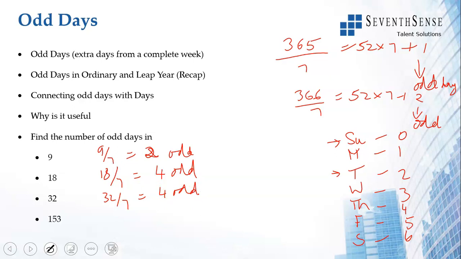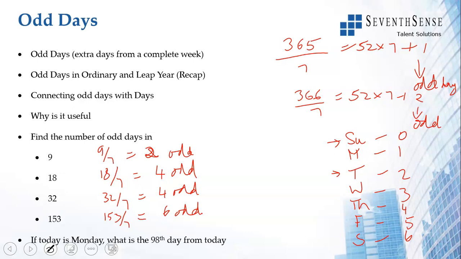And in 153, you divide by 7, 21 sevens are 147, so 6 odd days. That is how you do it. You divide by 7; we are not worried about the quotient, we just want to know the remainder.